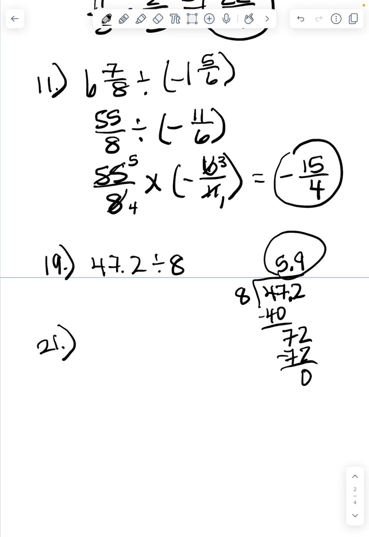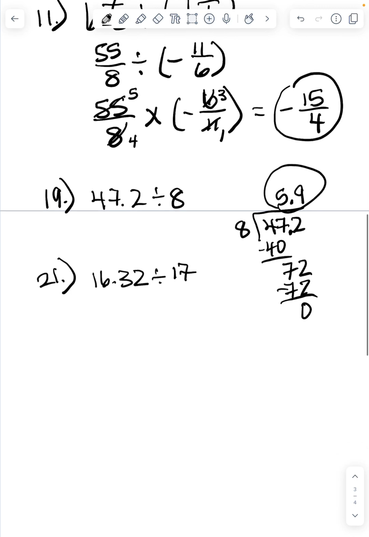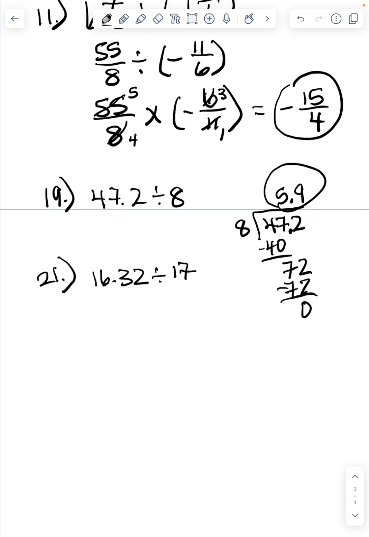Number 21. 16.32 divided by 17. Okay, so we're going to do 16.32, divide that by 17. 17 does not go into 16, but it does go into 163.